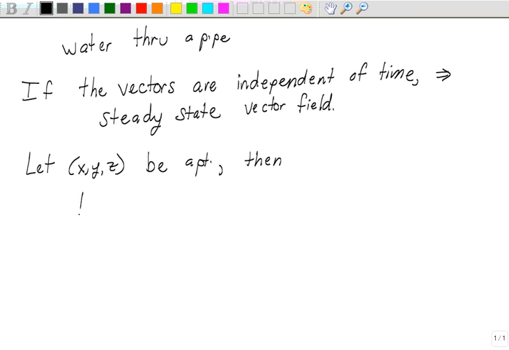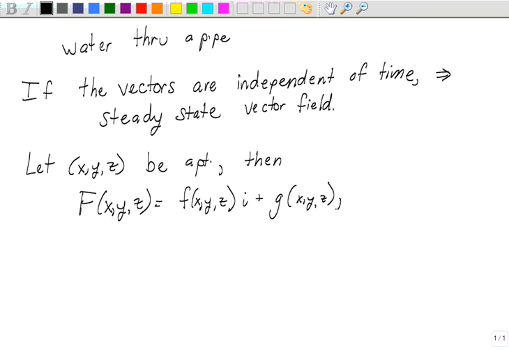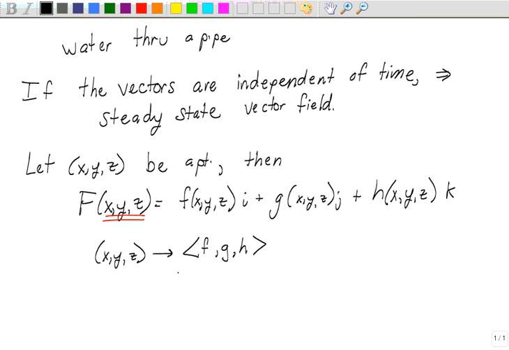Then f of x, y, z can be represented like this as a vector. I'm taking the point x, y, z and taking it into a vector, f, g, h of that point x, y, z. So this function determines a vector field.